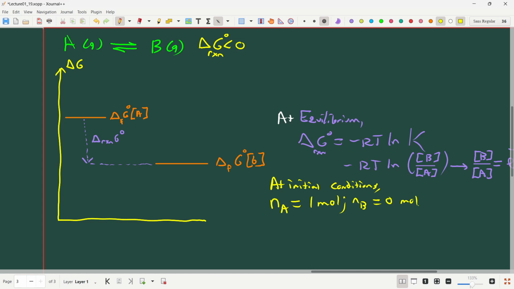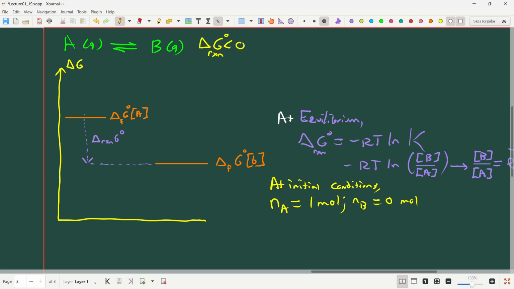Okay, so now what are the energy differences of the initial versus the final in this box with these initial conditions at the initial point? We've got all this A and none of this B. So the energies of each of the initial and the final states, the products and reactants, are going to change by that amount.